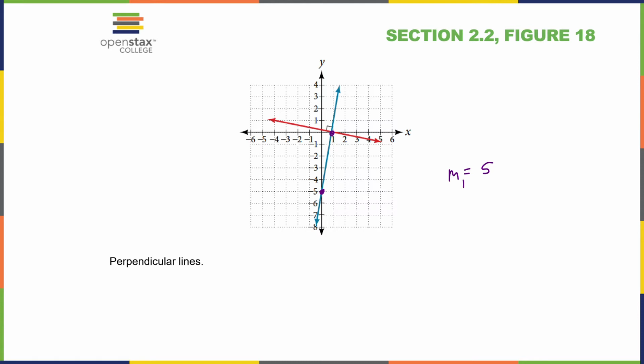Red line will have M2. I have these 2 points: 1, 0, and 5, -1. Here you can see that my M2 is going to be down 1, right 5. Are 5 and -1/5 negative reciprocals? Why, yes, they are. And if you were to multiply them together, you'd get -1. So we can confirm that this does show 2 perpendicular lines.